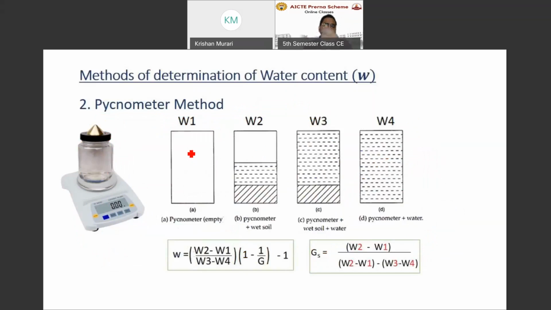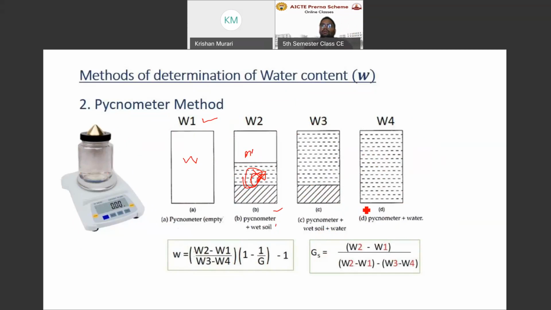Now the four stages. First, W1 stage is the empty container. Second, the W2 condition is the empty container with some moist soil, that is, pycnometer plus wet soil. In the third condition, pycnometer plus wet soil plus water.